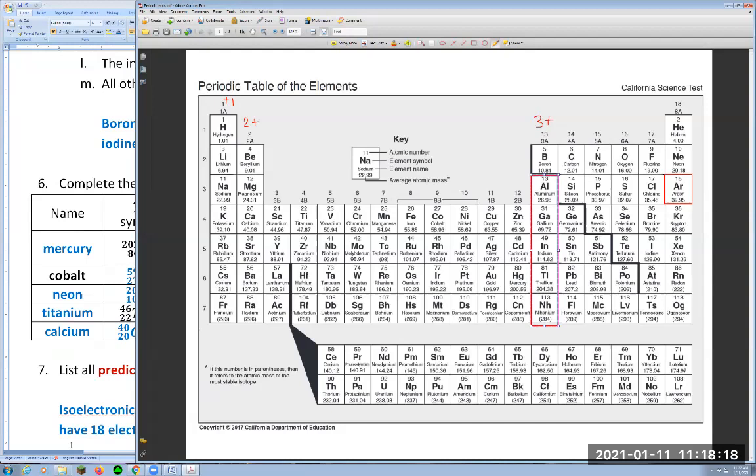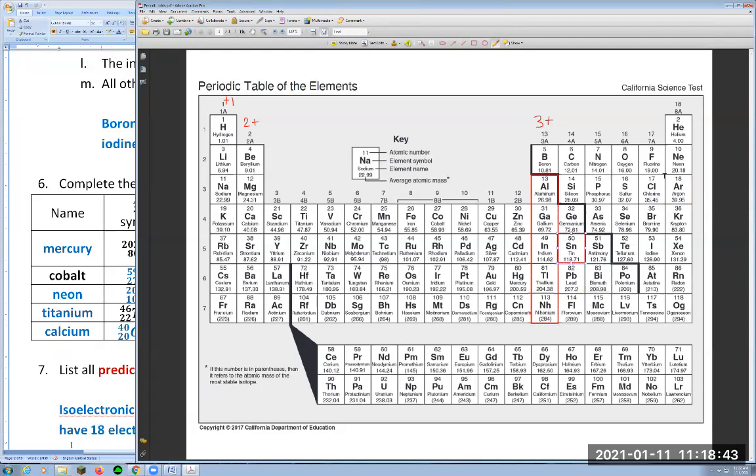In group 4A and 5A, the metals are not predictable in the sense that they don't make only one kind of positive ion. For example, lead makes 2+ or 4+ ions. Bismuth also makes 2+ or 4+ ions. Same with tin, 2+ or 4+ ions.